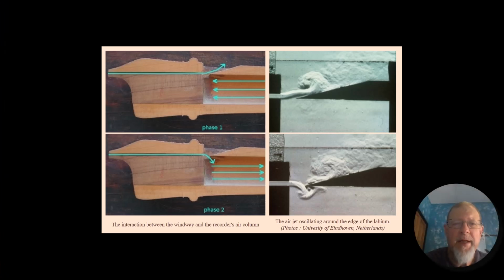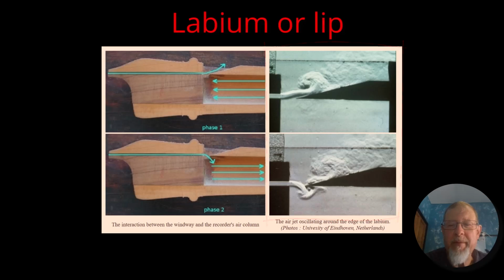Okay, so here I used this picture in a couple of the videos of how a typical wind instrument works, a recorder in this case. There are some nice pictures of the airflow going either side of the sharp edge there, but these are a bit confusing.